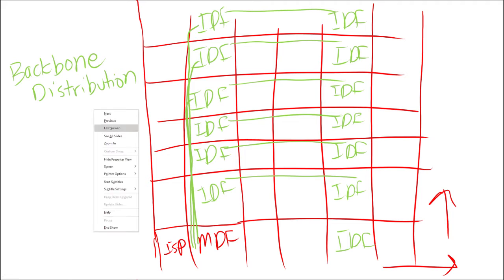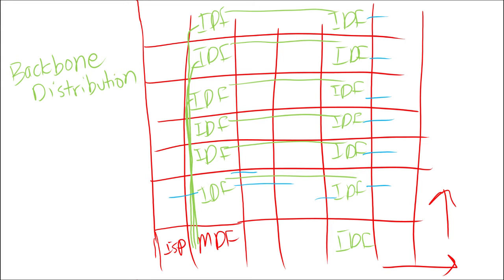And then for each office, now we can run some datas from the nearest IDF. You get what I'm saying? So the blue cable is known as the horizontal.